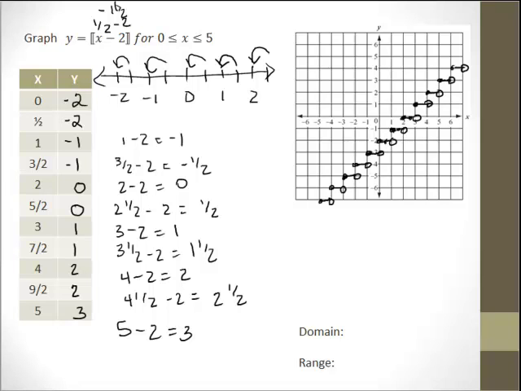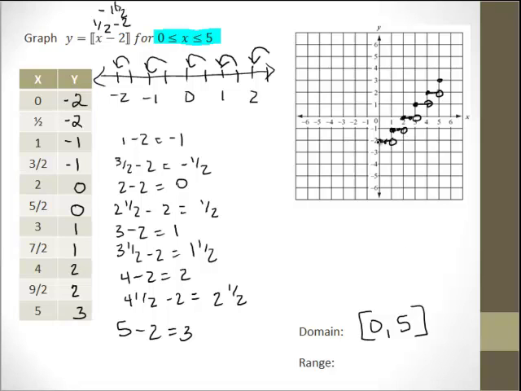So what is the domain and range? Well, be really careful with this one because they've limited the domain. So we know right now that the domain goes from 0 to 5, which means my graph is actually incorrect because it doesn't include anything less than 0. This little dot is the very end of my graph. So this is actually all of my graph.